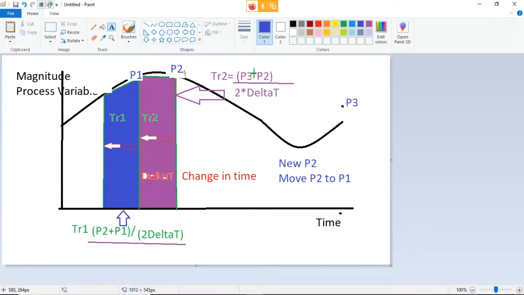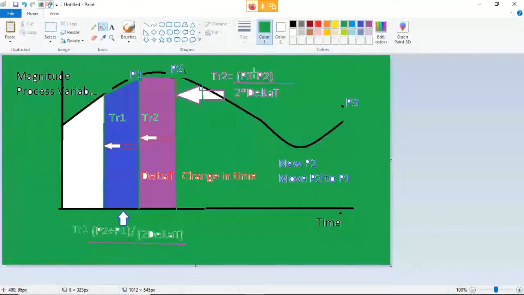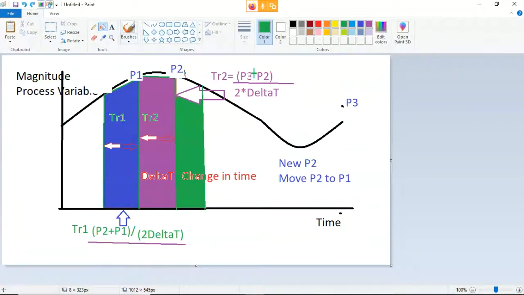As you move along and go to your next rectangle over here, then the 0.2 is moving, but I can't calculate the new 0.2 yet.